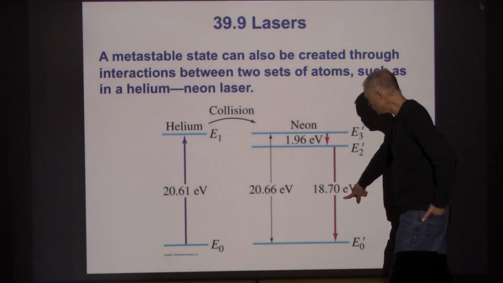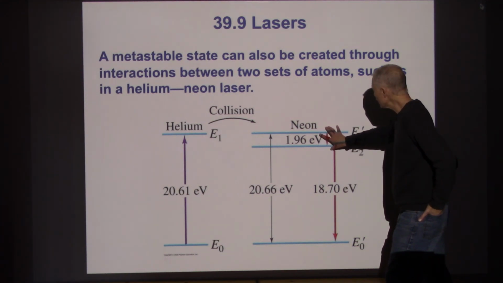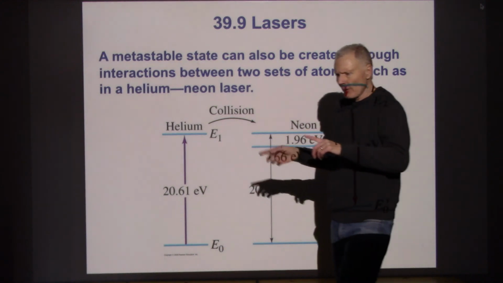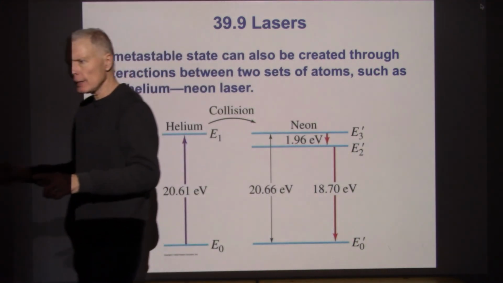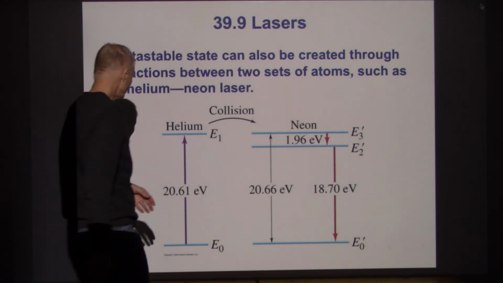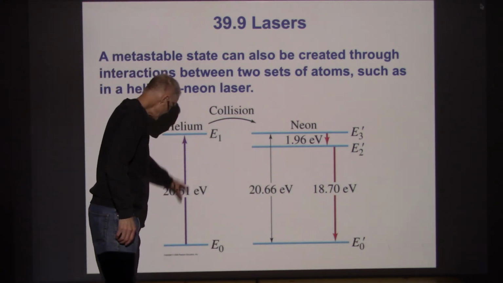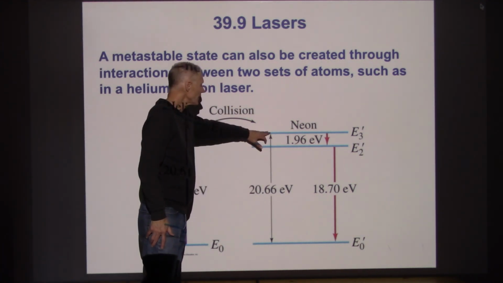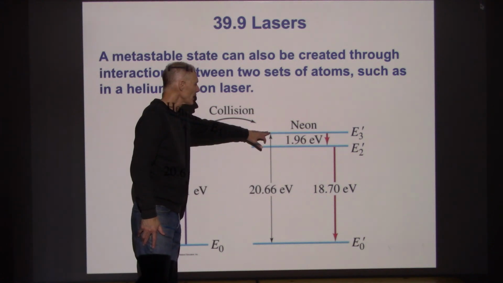Now, it's not all the way back into the ground state. The ground state is much farther below, but there's this transition between two states within neon, and it's done by, first of all, pumping the helium, so the electrons are in the excited state, allowing collisions to take place, in which the helium electrons drop back down, but in their place now we have pumped electrons into the neon excited state.